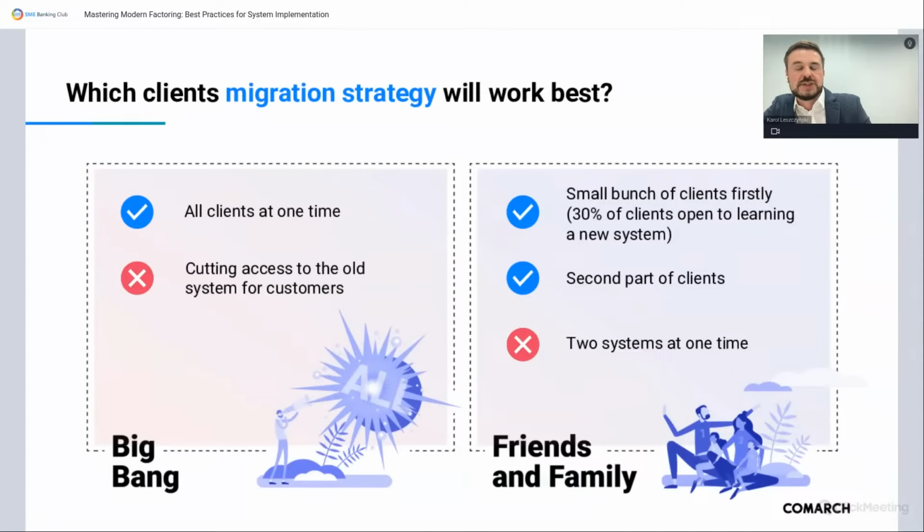In subsequent stages, we periodically transfer subsequent customers so that all of them are migrated. It is very important to ask friends and family customers about their feelings about the new system in order to collect feedback and react in a timely manner.